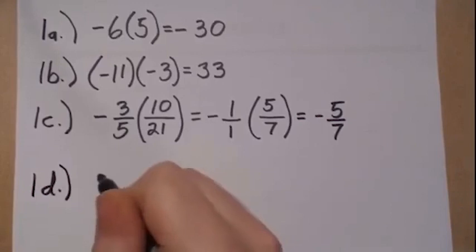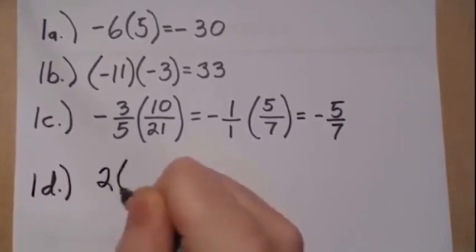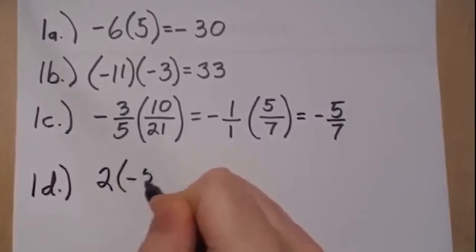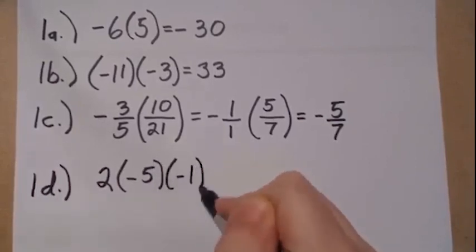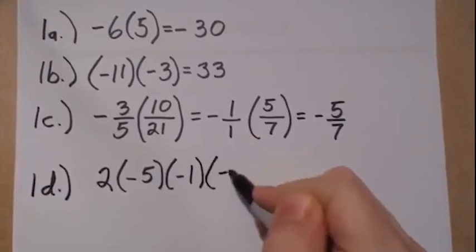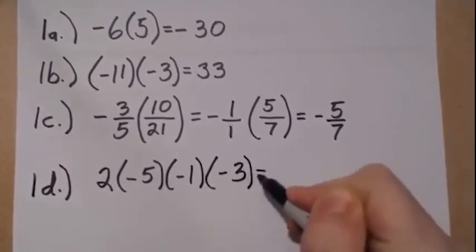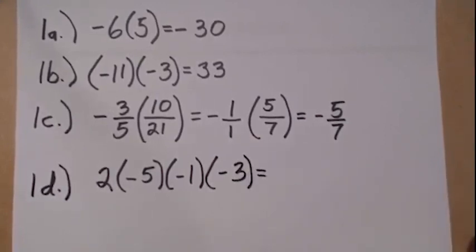One D. We have a string of numbers now. Positive 2 times negative 5 times negative 1 times negative 3. So first we'll see, are we going to have a positive or a negative result?